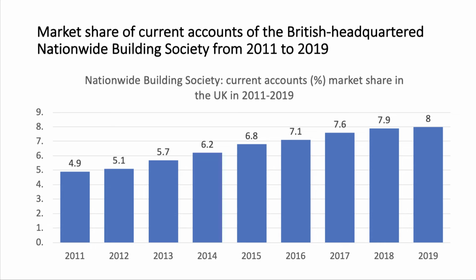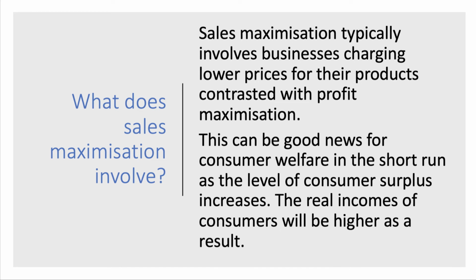And as you can see, since 2011, in the aftermath of the global financial crisis, Nationwide's share of current accounts, the savings market, has increased quite sharply from just under 5% in 2011 to 8% in 2019. It looks like Nationwide has been pursuing a growth strategy designed to increase its market share in the market for current accounts.